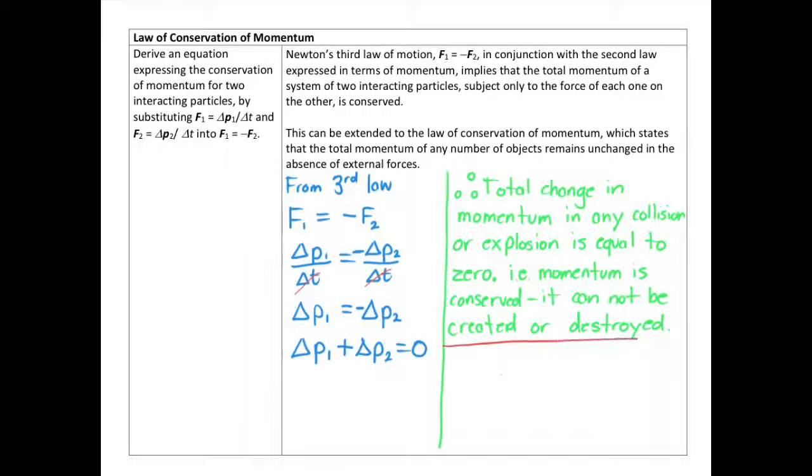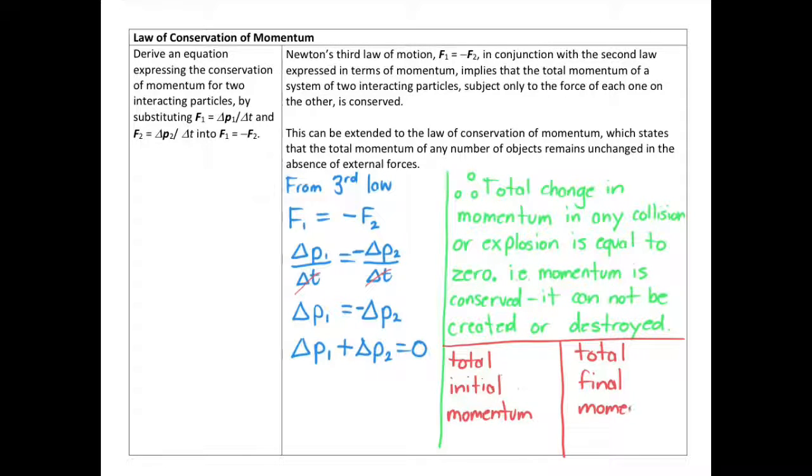So if we want to look at that scenario, and this is how we'll often do a problem, we will look at the total initial momentum on one side, and we'll know that that must be equal to the total final momentum.